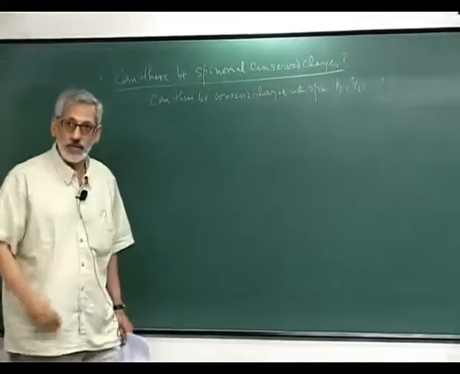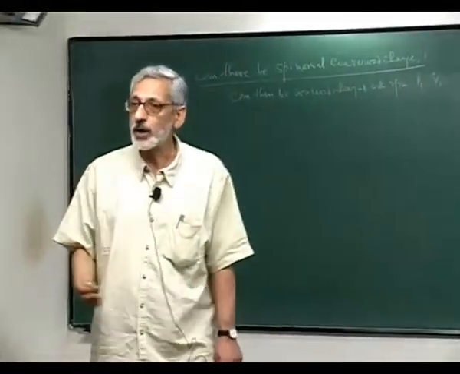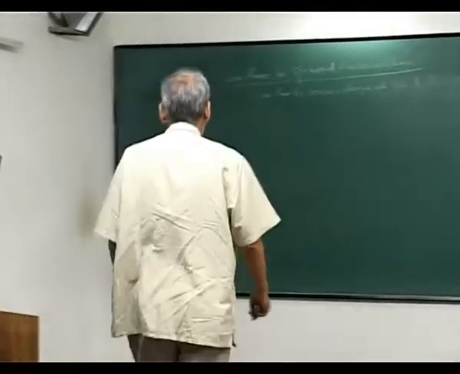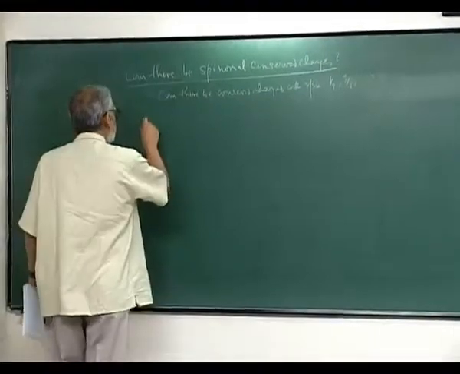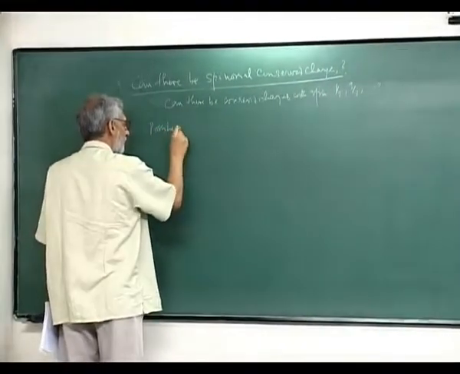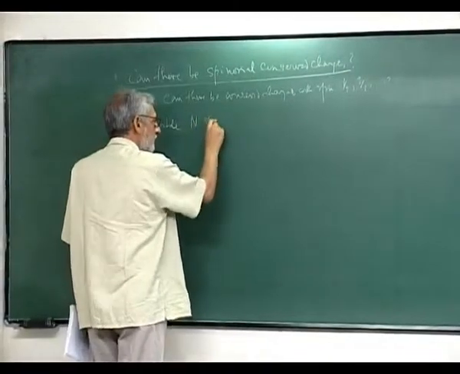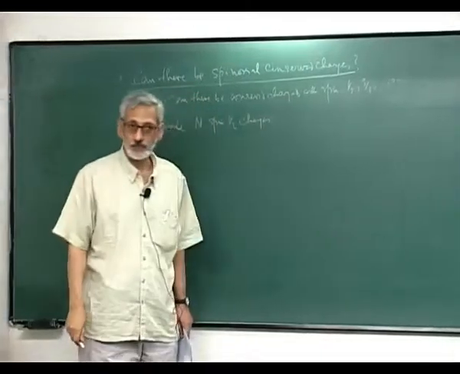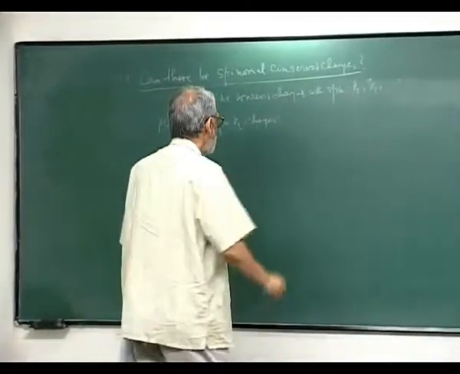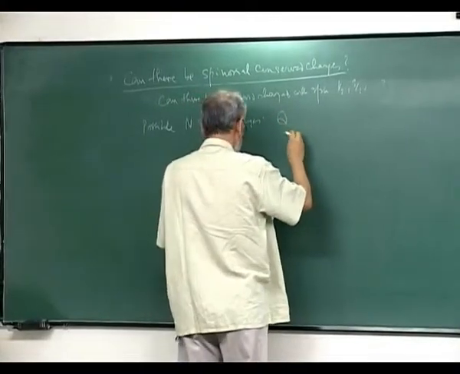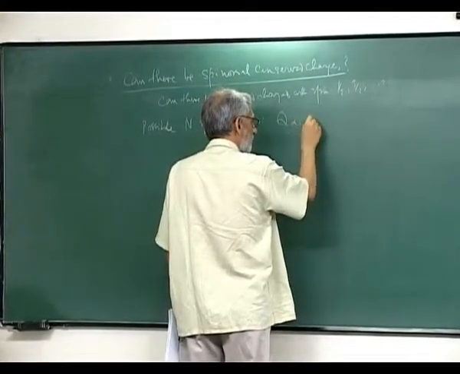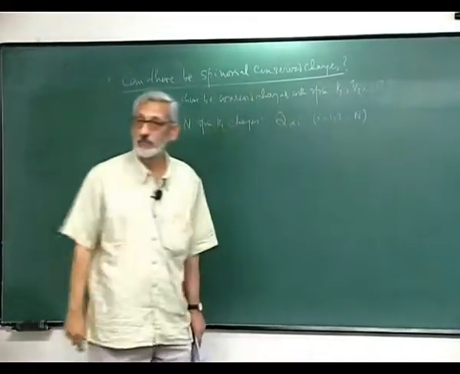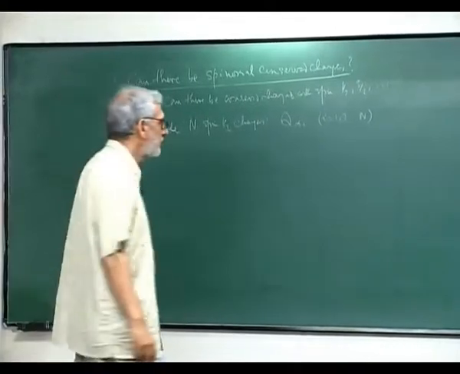So now let's try to see what kind of algebra they must satisfy. Let's start with possible n spin half charges. Now these can come in two categories. Let me call them Q alpha I, where I is 1, 2, 3, there are n of them, and alpha is the spinorial index.